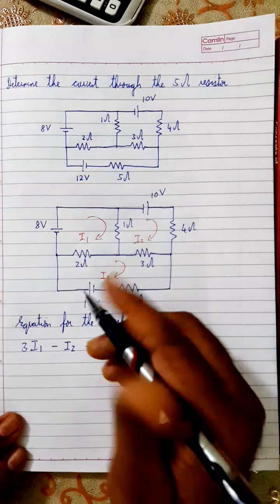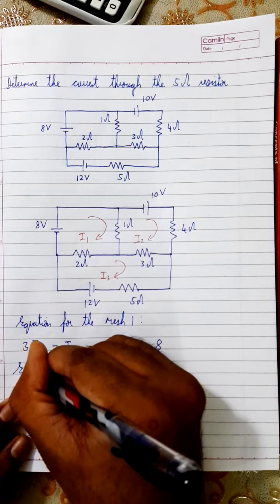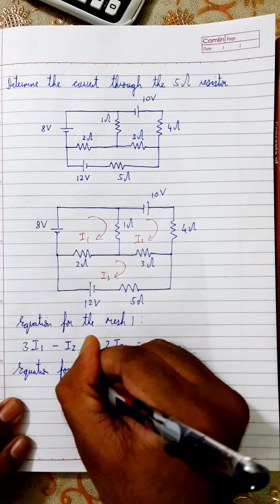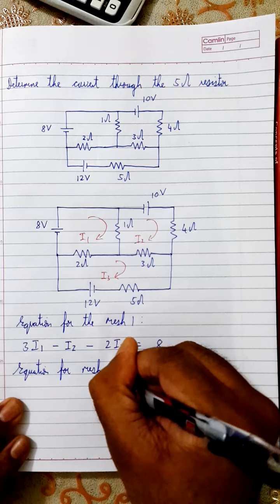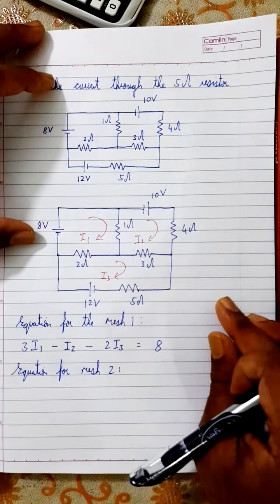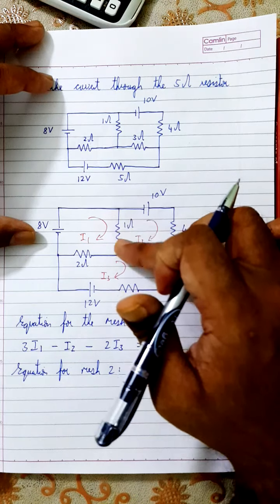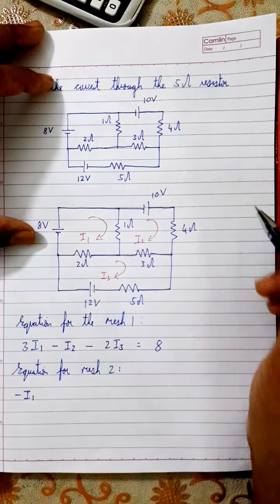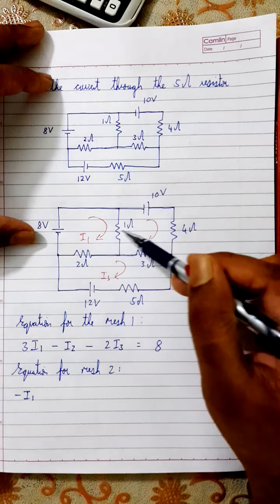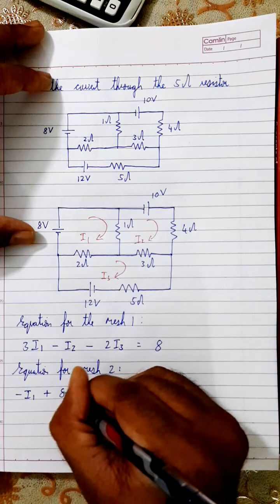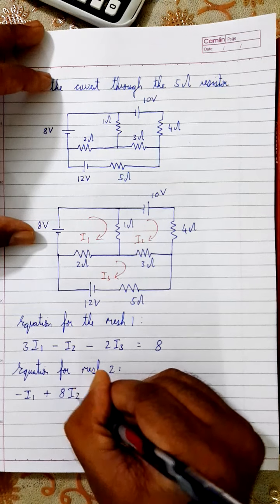Now next is the equation for mesh 2, that is this one over here. Here I1 is touching over here, so it will become minus I1. I2 is touching 1, 4 and 3: 1 plus 4 is 5, 5 plus 3 is 8, so it becomes plus 8I2.